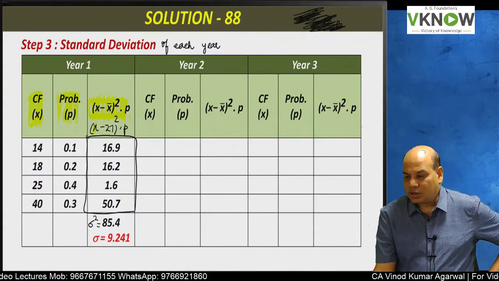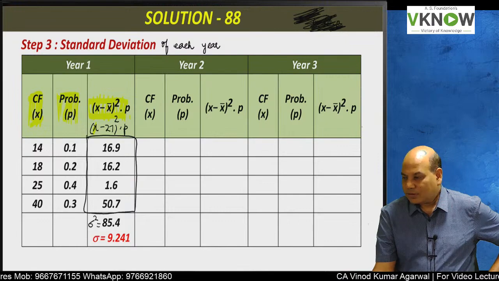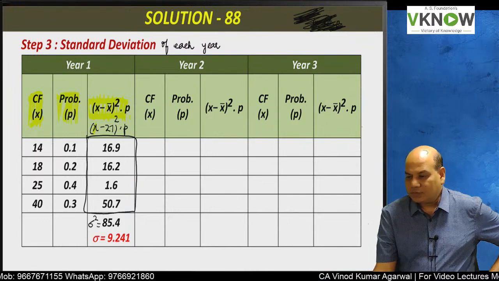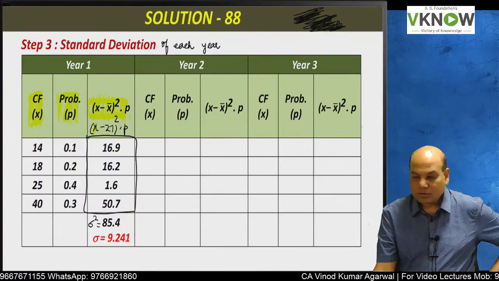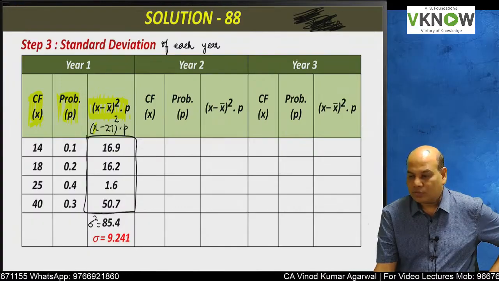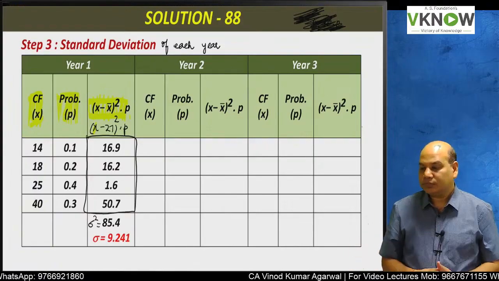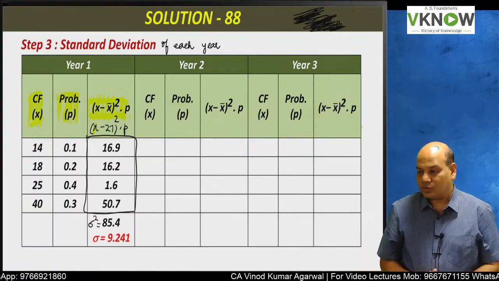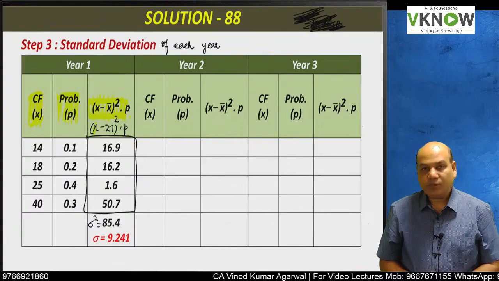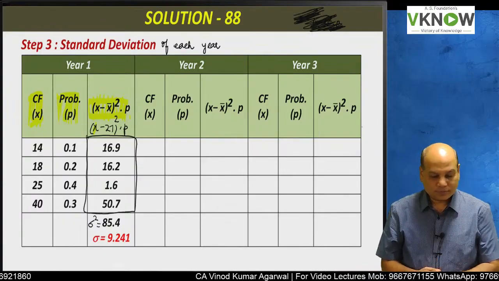Sigma will be under root 85.4. On your calculator, take 85.4, press the square root function. You will get 9.241, correct?